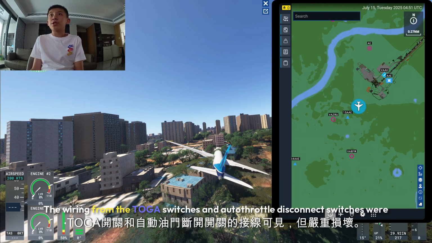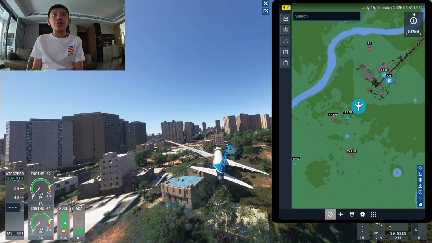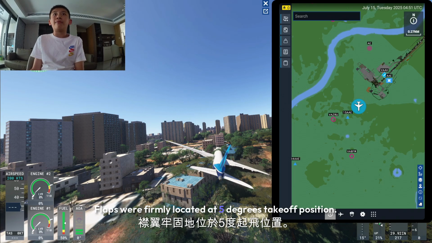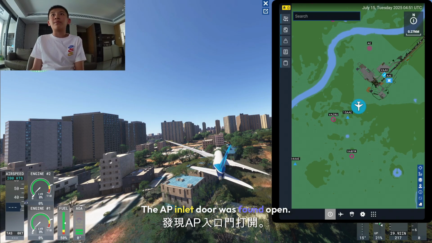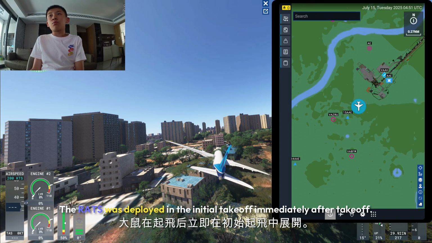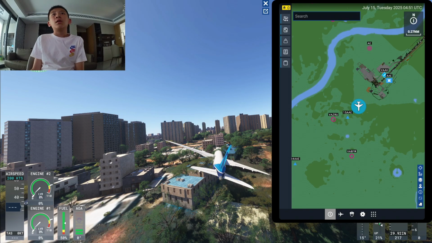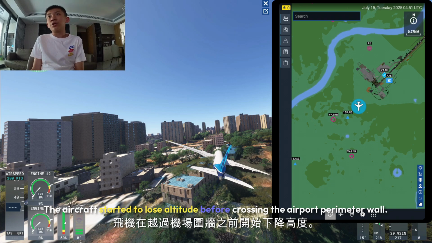The wiring from the TOGA switches and autothrottle disconnect switches were visible but heavily damaged. Flaps were firmly located at the 5 degrees takeoff position. The APU winglet door was found open. The RAT, ram air turbine, was deployed immediately after takeoff. The aircraft started to lose altitude before crossing the airport perimeter wall.